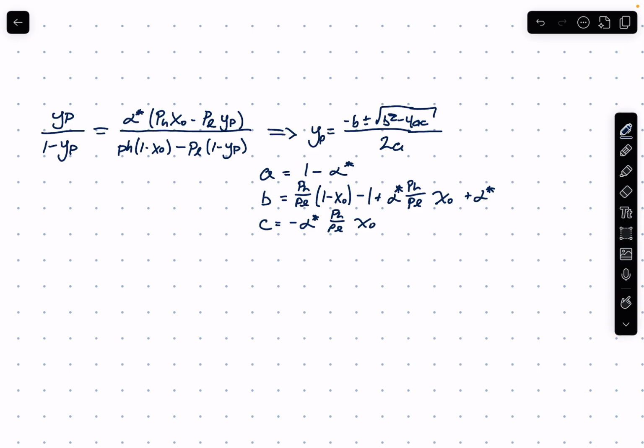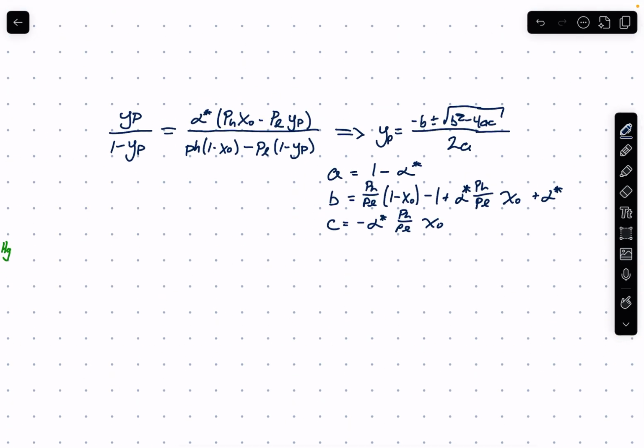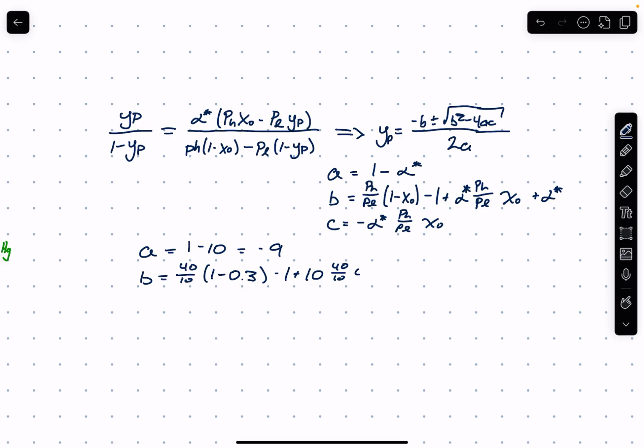This holds for any problem where we are given our reject composition x naught. If we're given the cut and asked to find the reject composition, there's a different form of this that uses that theta variable. So we can go ahead and plug in all of our values. We get a is equal to 1 minus 10, which is minus 9. b is equal to 40 over 10 times (1 minus 0.3) minus 1, plus 10 times 40 over 10 times 0.3, plus 10.